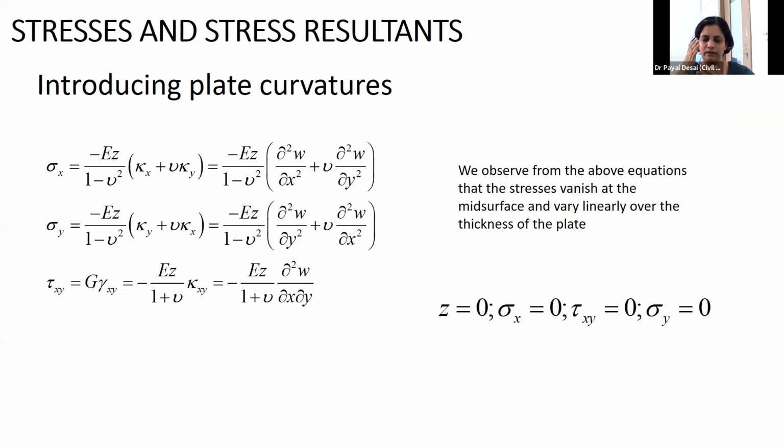If we integrate the stresses over the surface, we get the stress resultant, that is the moments, because it is the equivalent force. What is the purpose of replacing the stresses in the form of equivalent moment or equivalent force, maybe axial force or vertical force? Those are called stress resultants.